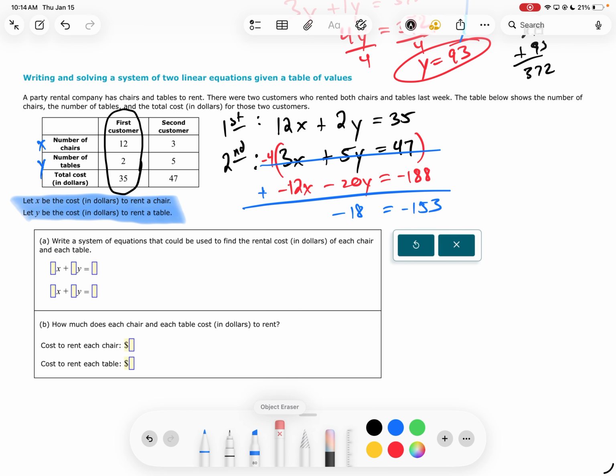Now I just divide both sides by negative 18. And I get y equals, I said no fractions, but on this money one, they're going to give you an easy fraction like a quarter or 2 quarters here. Okay.